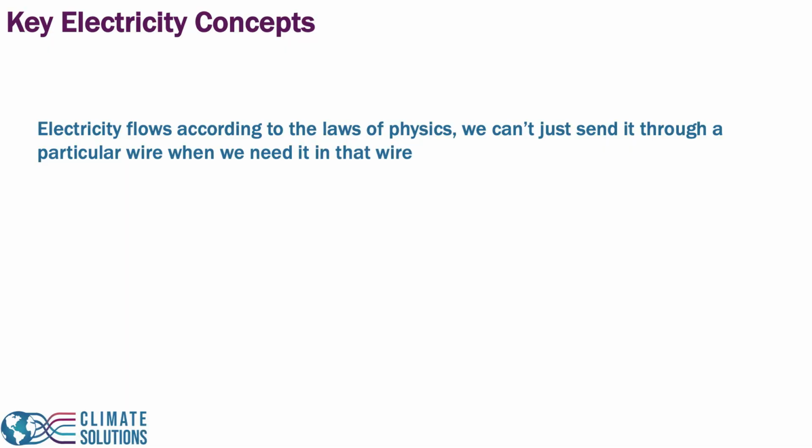I'm not going to go into a lot more detail, but suffice it to say that unlike a road network, where if you have one road that's empty and another road that has a traffic jam, people can just choose to go around, the laws of physics constrain how much power can flow through each wire in the network, such that one part of the network can be congested and not be able to transmit any more power, while another part of the network is still relatively empty, and we can't just shift the current to another wire.